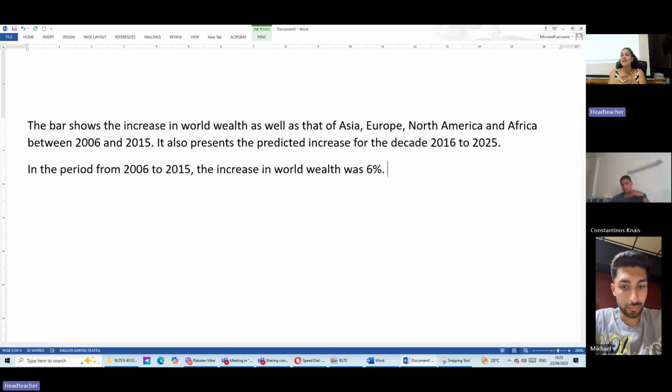You should never write 6, 7, 9, 10, 20, 30. Never. There's always a measuring unit. Either a currency, for example, dollars, or a percentage, or anything else that can occur in a graph. You should never give just raw numbers.